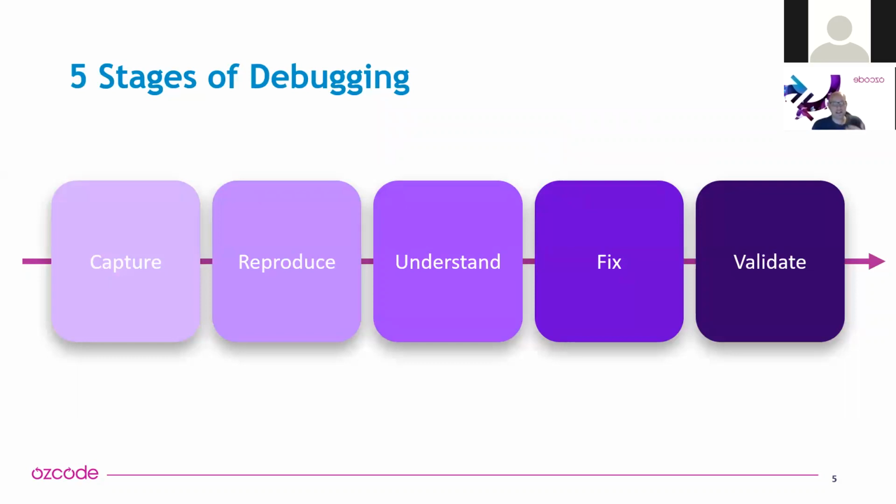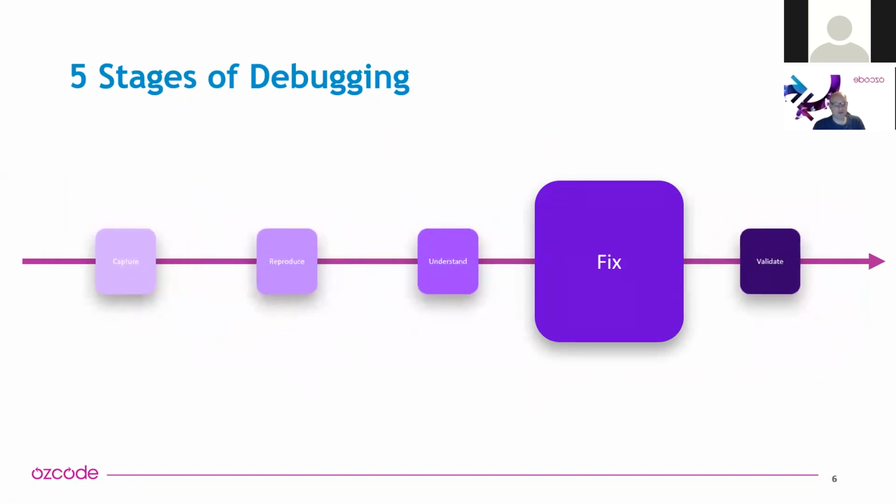Then all the steps we need to take to capture, reproduce, understand, fix, and validate become so much easier, because I'm no longer spending 80% of my time on how the heck do I reproduce this thing. I noticed something went wrong. I see the exception that happened. I have no idea how to make that exception happen again because it happened in production due to some very weird set of circumstances that I do not yet understand. Ozcode does away with this problem by focusing on the fix side and having the computer automate all the rest.